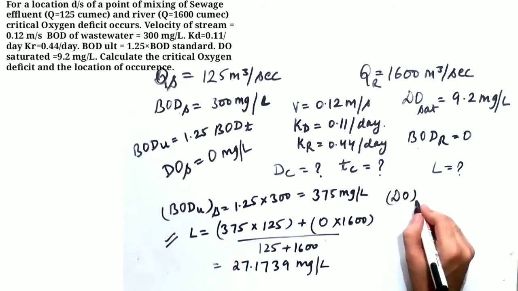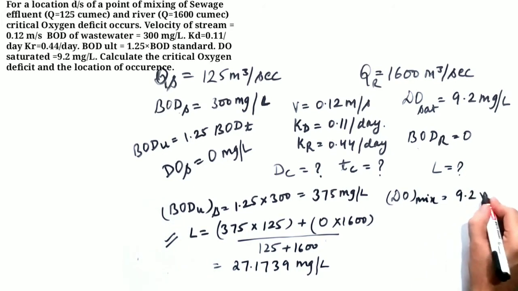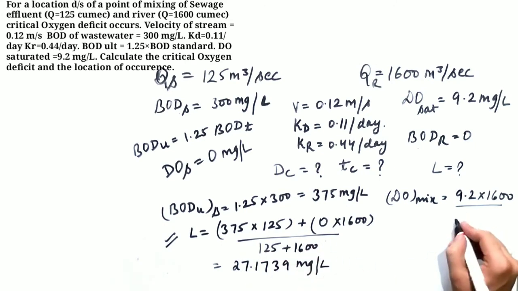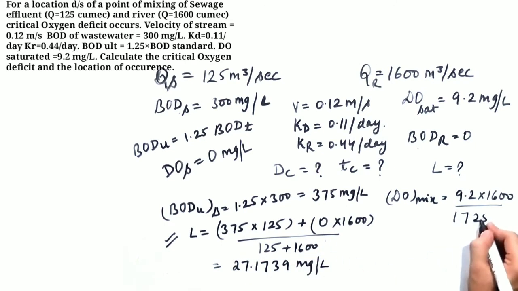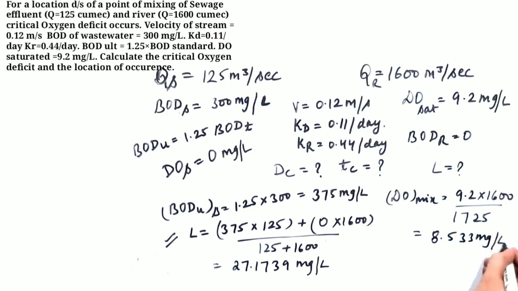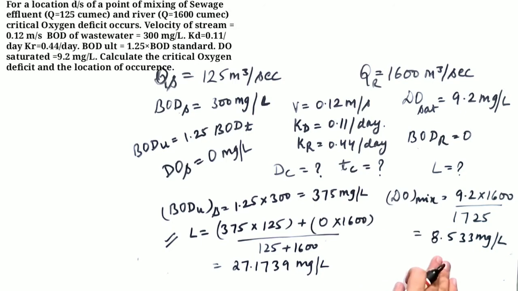So we have to calculate the dissolved oxygen of the mix also, and that will be 9.2 into 1600 divided by this total 1725. So the dissolved oxygen of the mix is coming out to be 8.533 milligram per liter. See, when we mixed the sewage into the river, this is the value of dissolved oxygen.